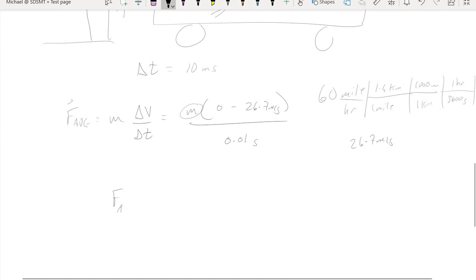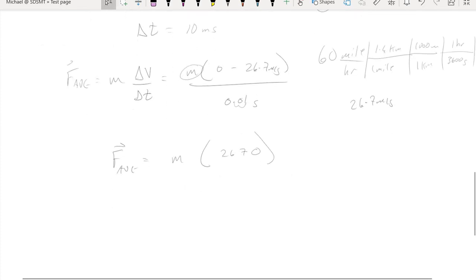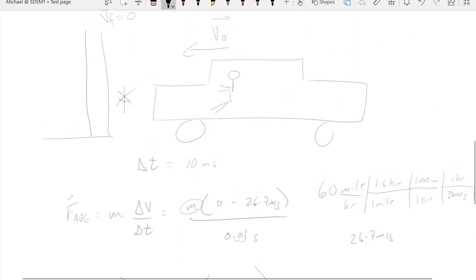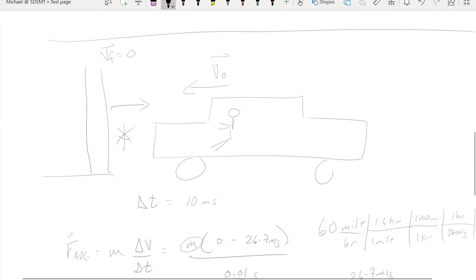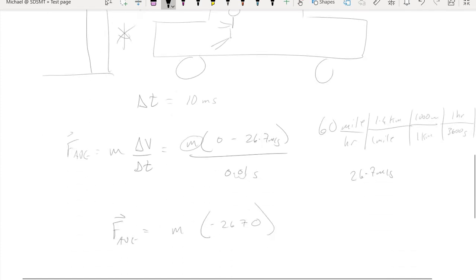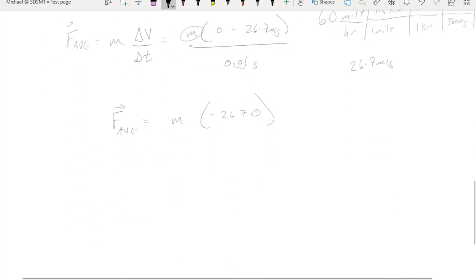But mass of passenger aside, let's just see what we get here. We got 2 decimal points here that we're going to have to move over. There's that minus sign there, and that's because the average force that we experience during the collision will have to push us back in the opposite direction. But let's take a person of 100 kilograms.